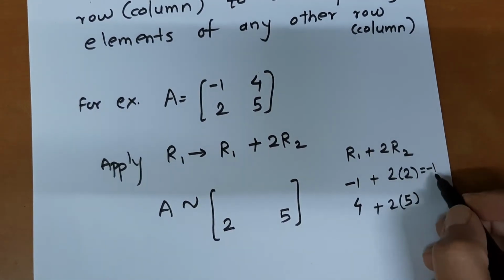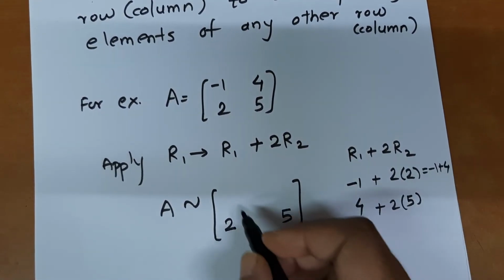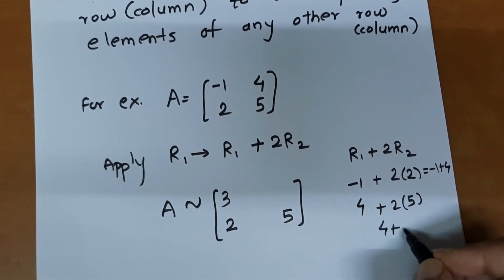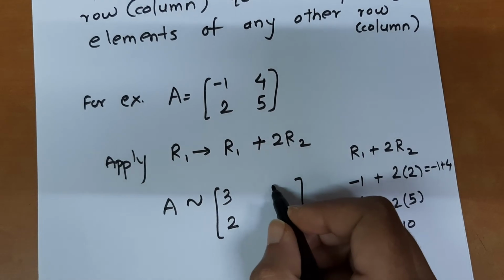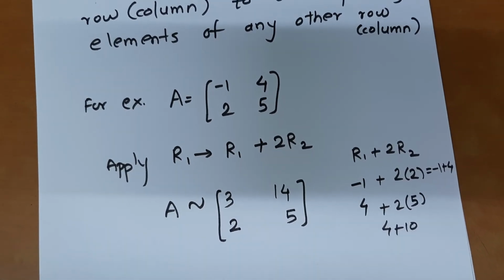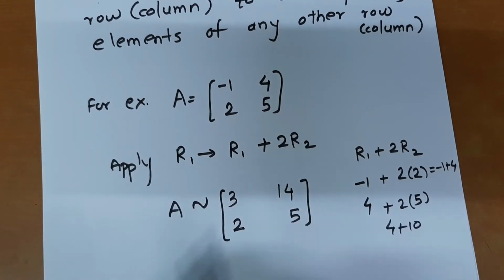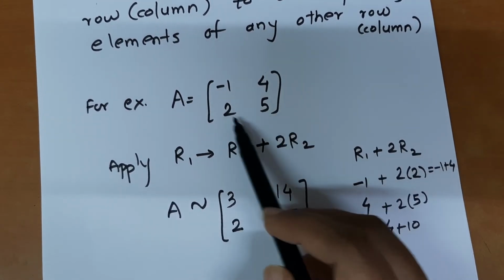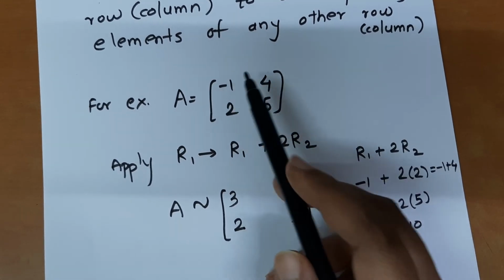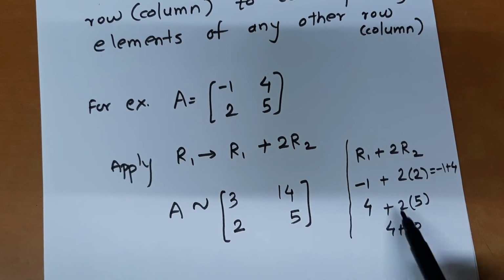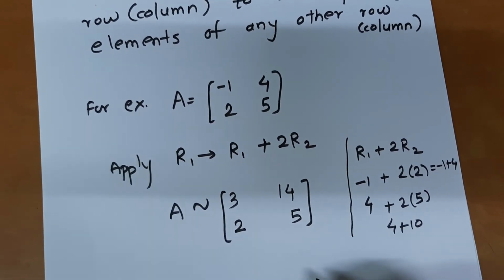So minus 1 plus 2 2s are 4, so this is 3, and 4 plus 5 2s are 10, 10 plus 4 will be 14. So this is the operation R1 plus 2R2. So we are adding 2 times R2 to the first row. I am operating like this so that we can write them very easily without mistake.